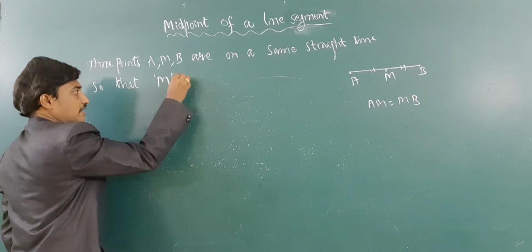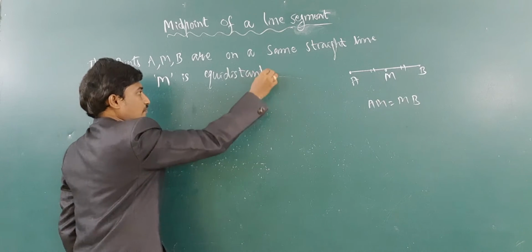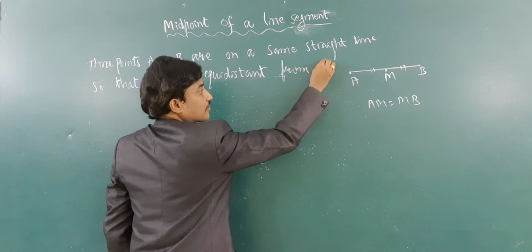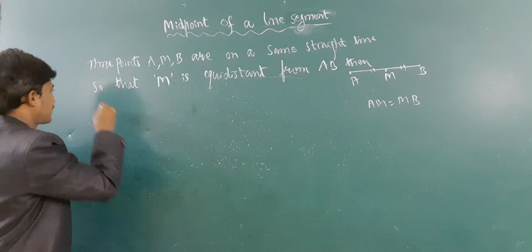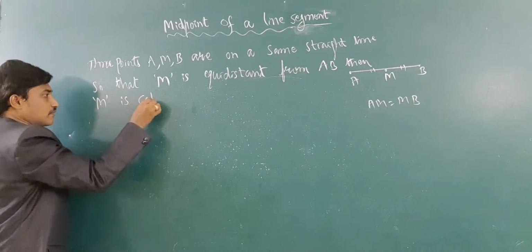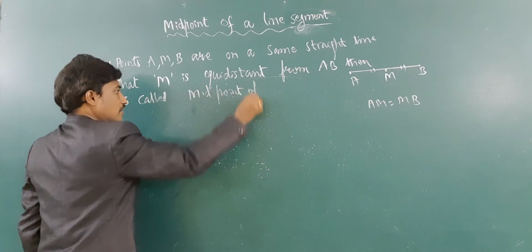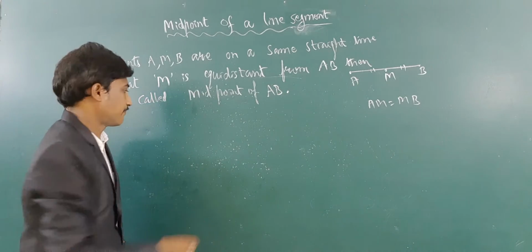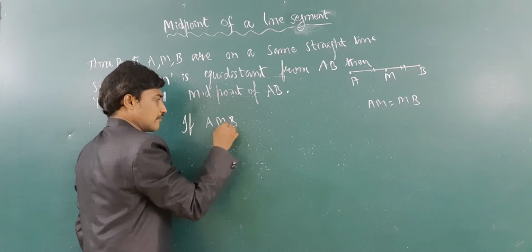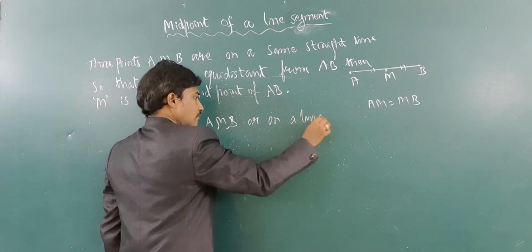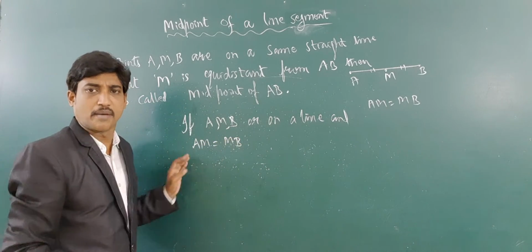Here we can write: if A and B are on a line and AM is equal to MB, then M is the midpoint of AB.